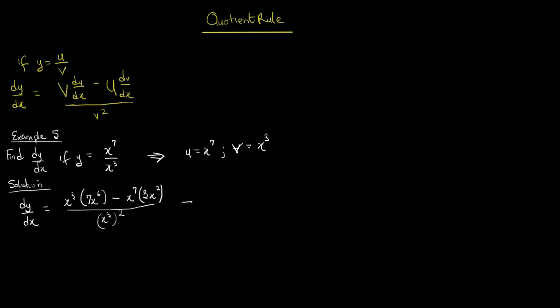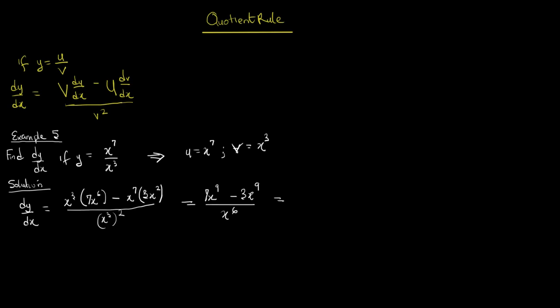Good. So if we do that, what do we get? If we multiply through, we're going to get x raised to power 3 times x raised to power 6, which gives us x raised to power 9, so 7x raised to power 9, minus, if we multiply through, 3x raised to power 9 as well for the second part, divided by x raised to power 6.